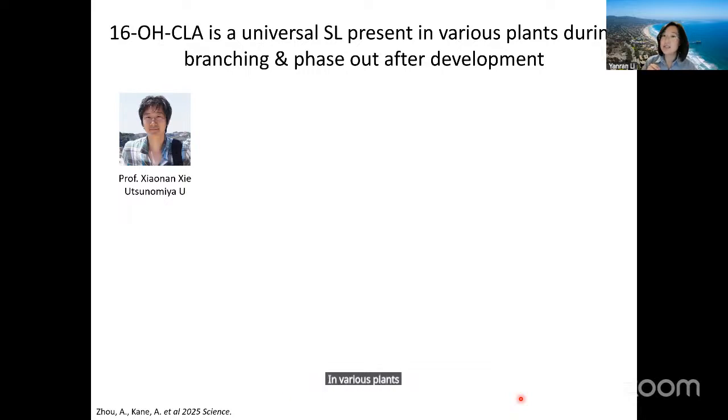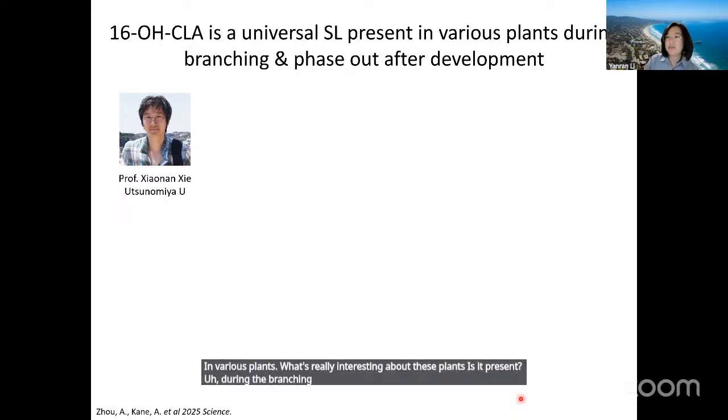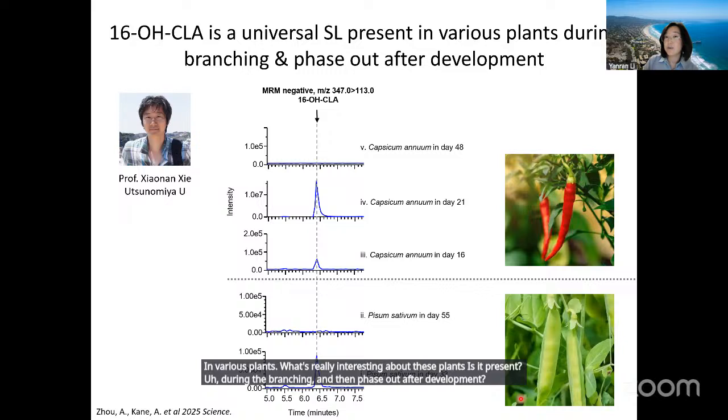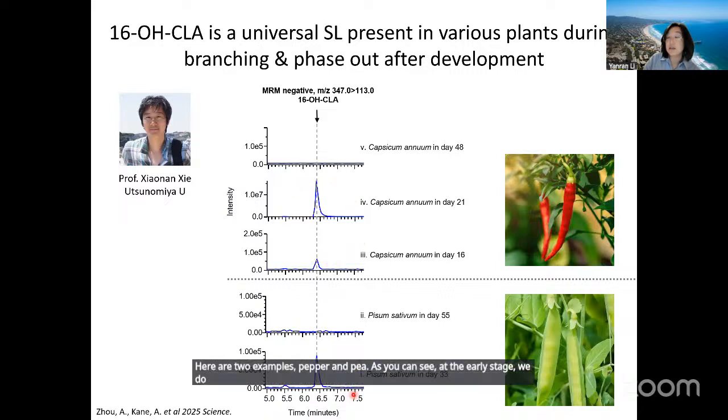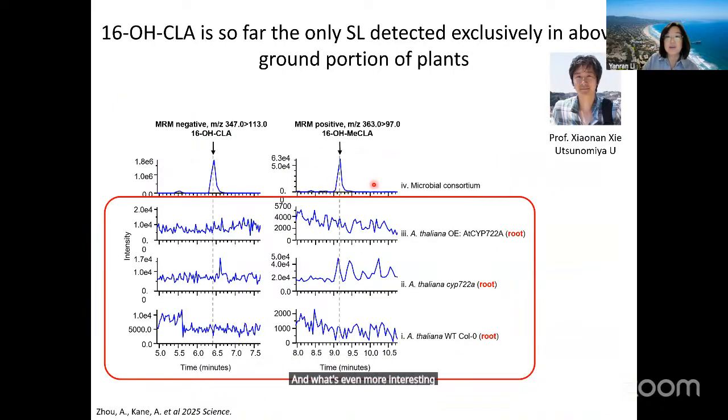What's really interesting about these plants is that the compound is present during branching and then phases out after development. Here are two examples, pepper and pea. As you can see, at the early stage we do observe this compound, 16-hydroxy CLA, in pepper and pea, and at a later stage after development we no longer detect it. Even more interesting, Xiaonan was never able to detect this compound in the root, only in the shoot.